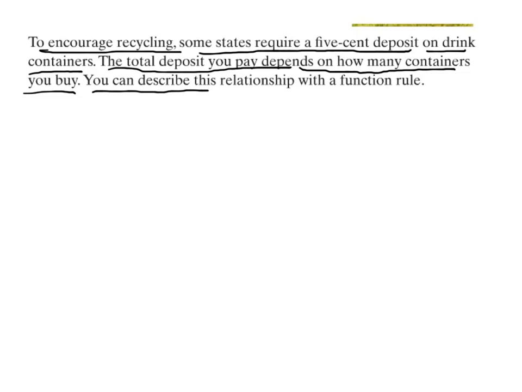You can describe this relationship with a function. So let D be the amount of deposit you will pay. And for every container you purchase, how much is the deposit you're paying? 5 cents. 5 cents is nothing but 0.05.